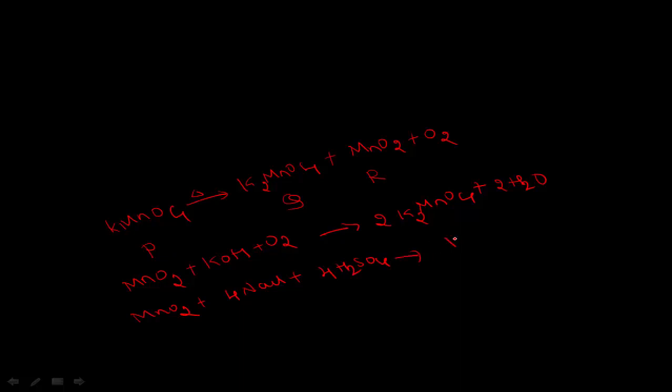At that time you get the products MnCl2 plus 2NaHSO4 plus 2 moles of H2O plus Cl2, and this MnCl2 is our S product. Therefore P, Q, R, S are KMnO4, K2MnO4, MnO2 and MnCl2.